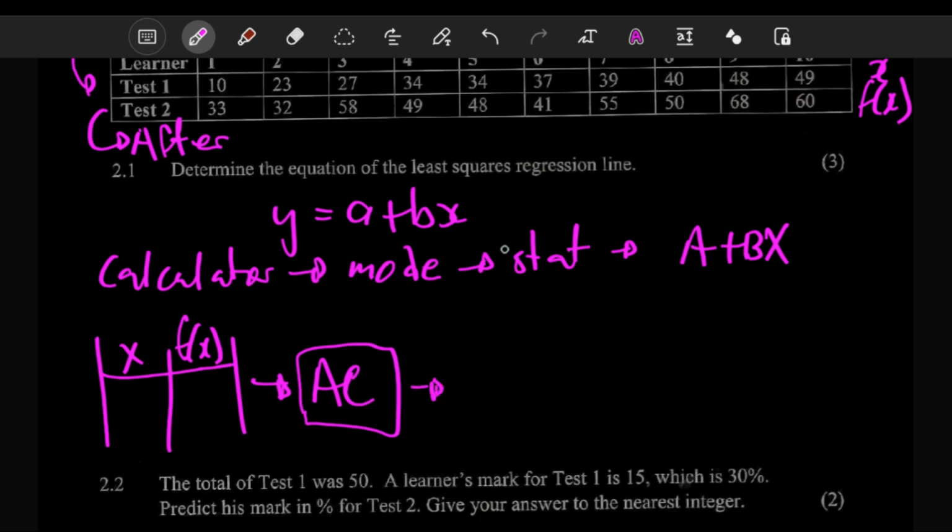So you're going to click the AC button. After that, you're going to press shift and then the button 1, and then you're going to go to stat, and from stat there's an option that says reg.